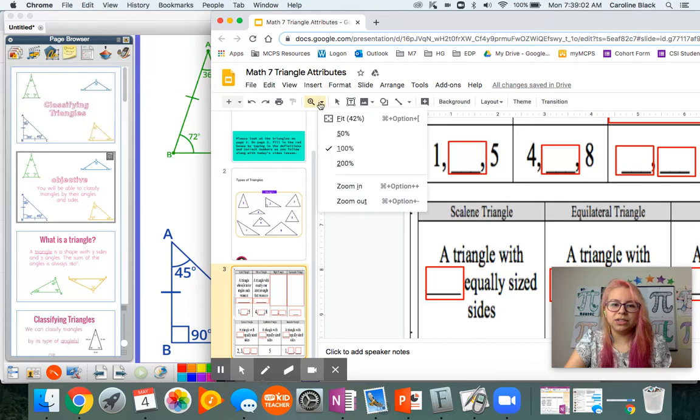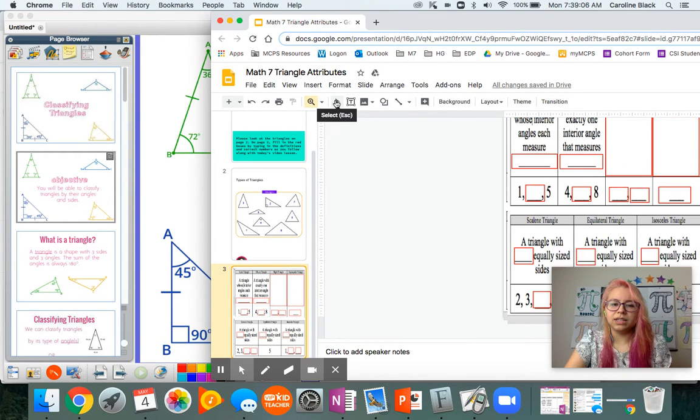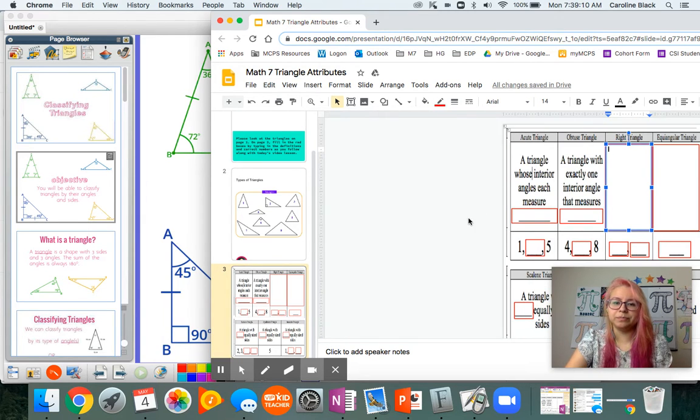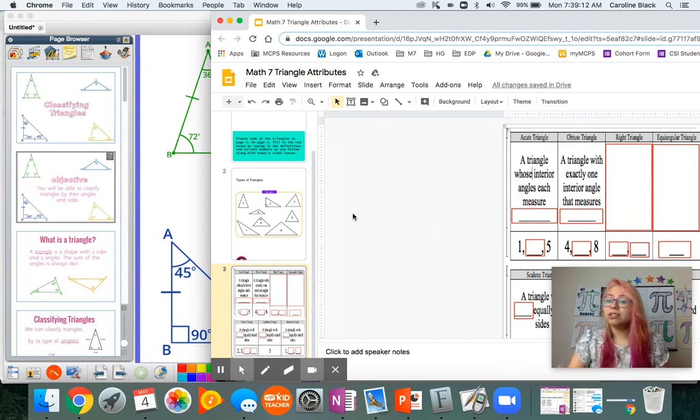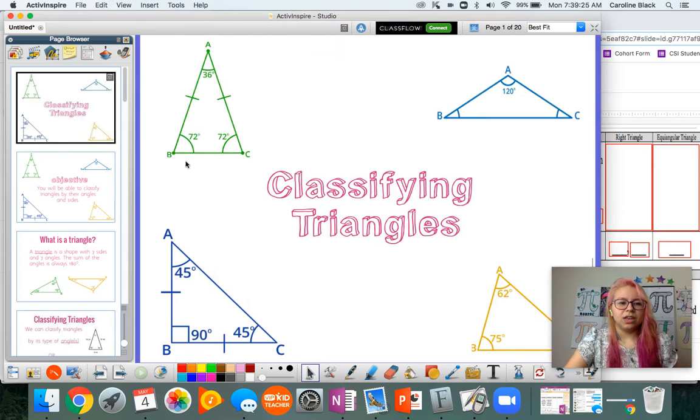But after you click the zoom button, you might need to click this arrow button again in order to type. So if you haven't done so, pause the video, download this, and you can either print it, write it in your notes, or type in your notes. Anyways, back to the lesson.